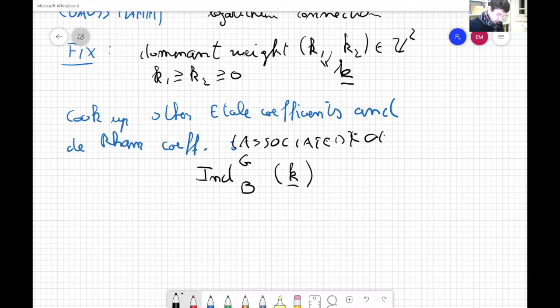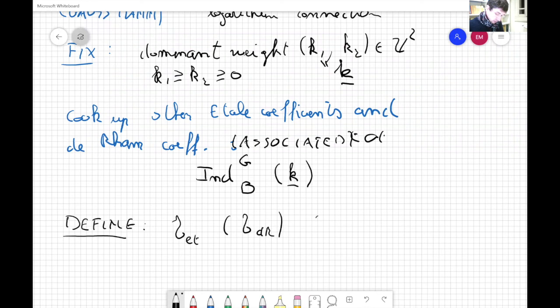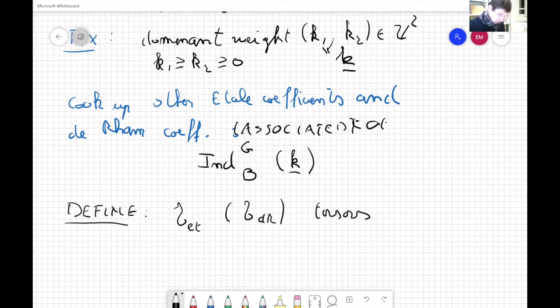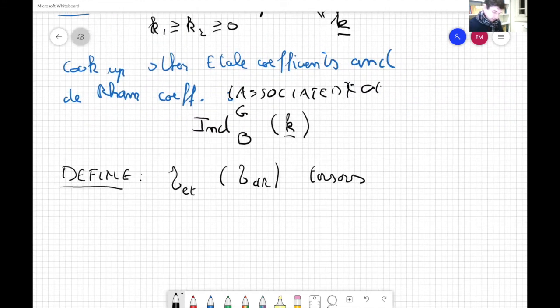Well, we define some torsors, T étale and T de Rham, on which you have an action of the Borel.